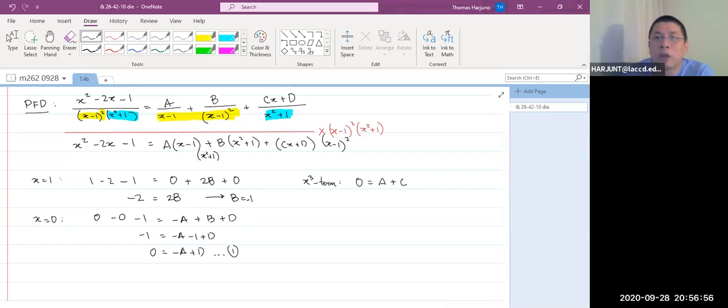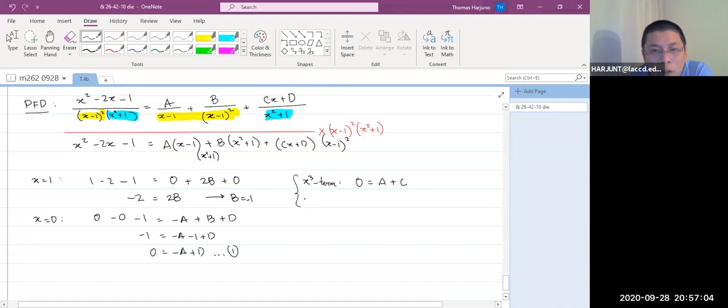How about x squared? Yeah, the x squared term. By the way, what I do here is not the only way. You can choose x equals negative 1 if you want. The x squared term, the left hand side is 1, the right hand side is negative a plus b, negative 2c.